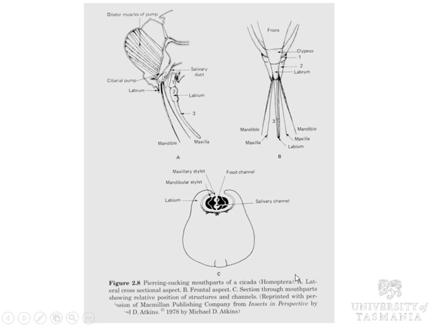What the typical bug, in this case a cicada, has done is it has made its mandible into an elongated stylet, and it's also made its maxilla into an elongated stylet, like a needle. Its labium is like a sheath that goes around that and keeps it together inside.